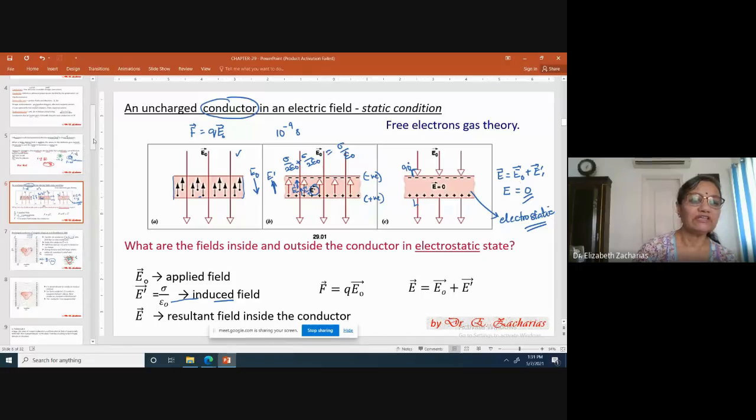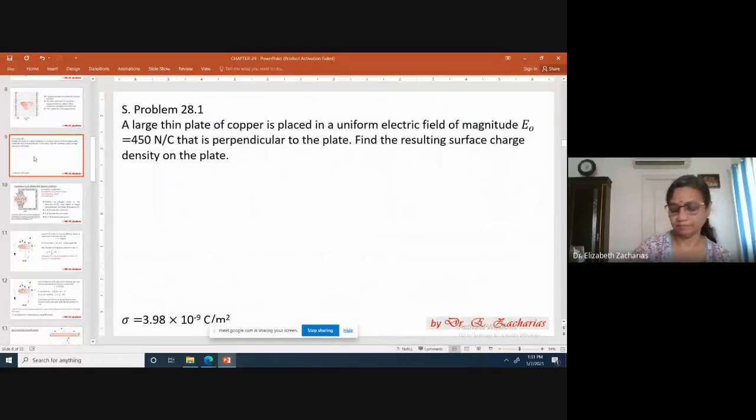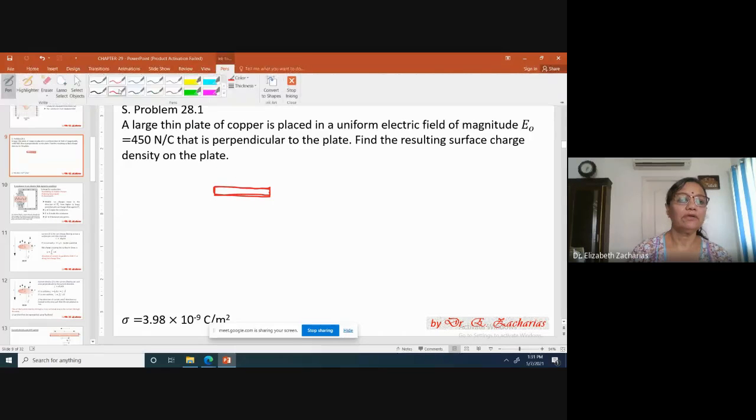Now, based on that, let's quickly work out our problem. See here, you have a thin plate. Though it's thin, I have to draw and show you. So, I have a thin plate of copper placed in a uniform field.